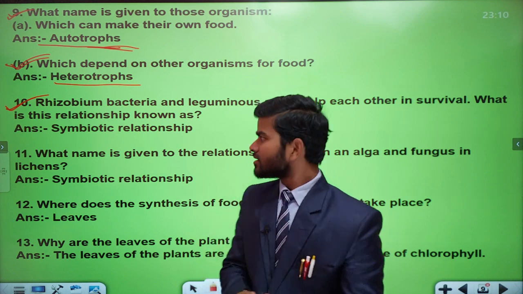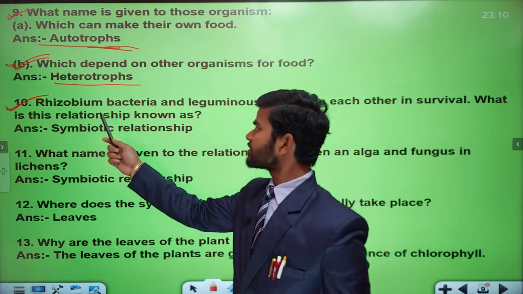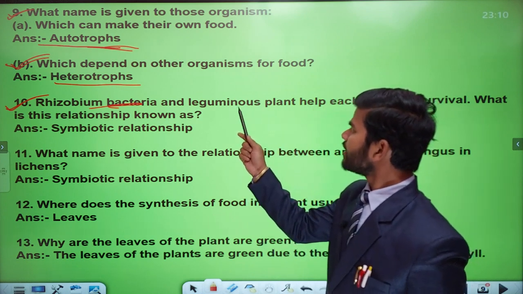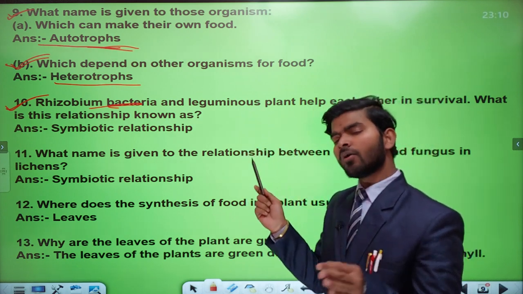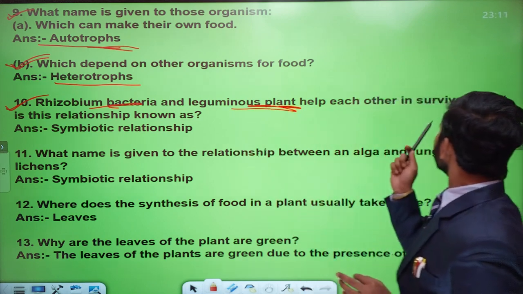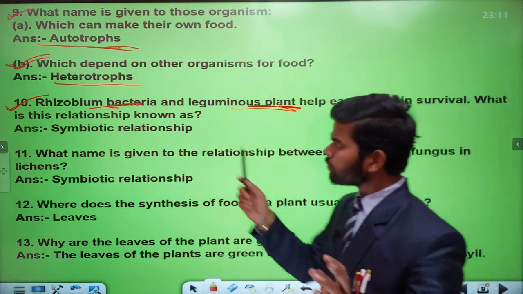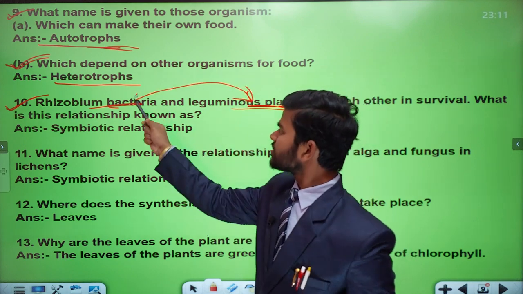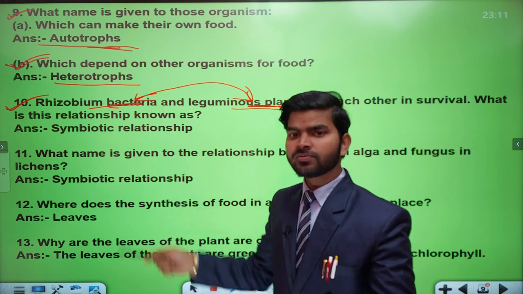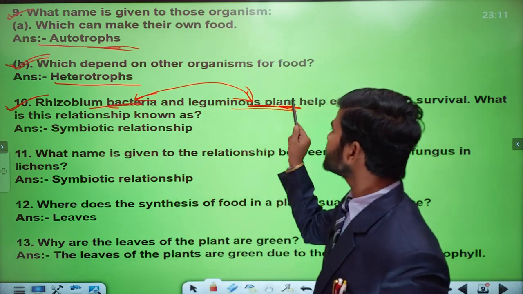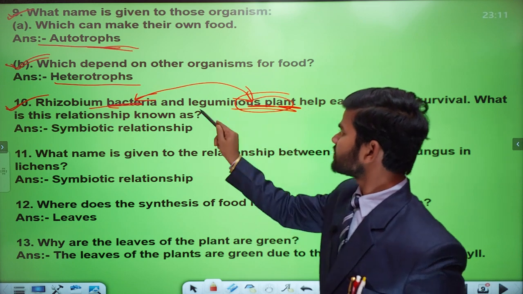So what's happening here? Rhizobium bacteria are present inside the root nodules of leguminous plants for survival. Both are helping each other, yes or no? Rhizobium bacteria take nitrogen from the atmosphere and convert it into nitrogen compounds, which is helpful for the leguminous plants.